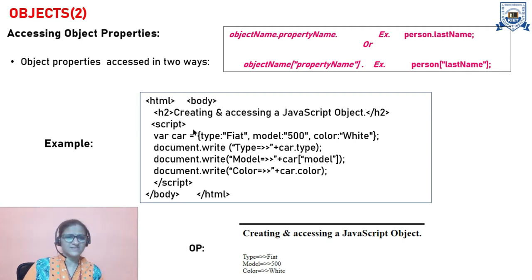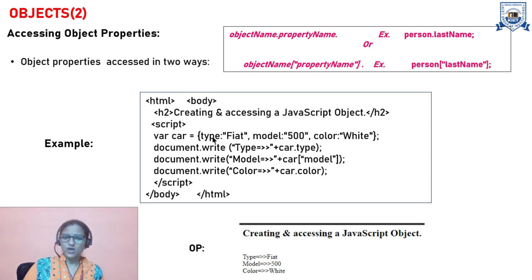So look at the example. In this object literal, we have assigned type Fiat, model 500, color is white. Now document.write, this is just for display, type, model, car, and then we are accessing the type property which contains the value Fiat.